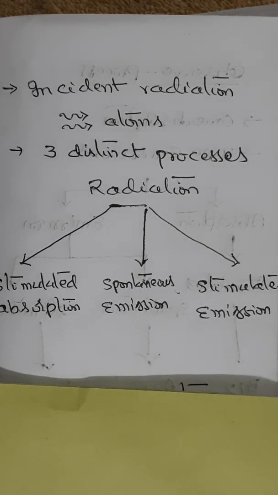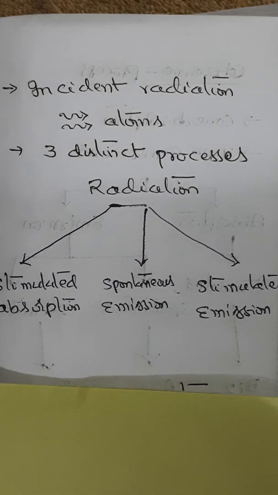Here also the number of stimulated emissions depends on two factors. One is the number of atoms in the higher energy level, N2, and the other is the incident radiation density rho nu. Therefore, mathematically the number of stimulated emissions is directly proportional to N2, and it is directly proportional to rho nu.